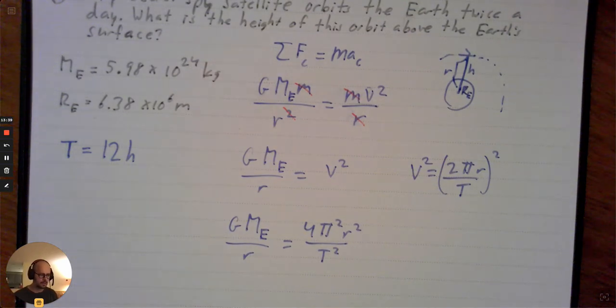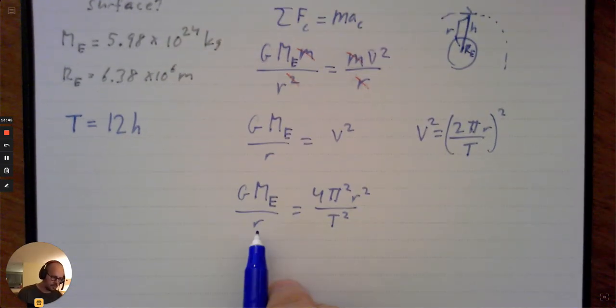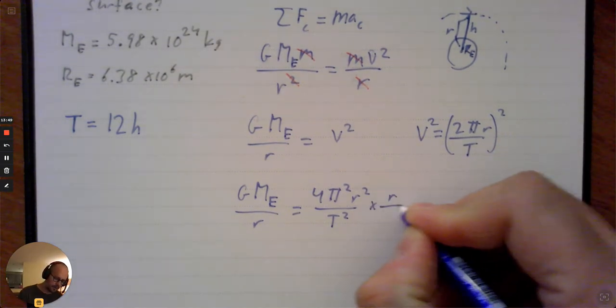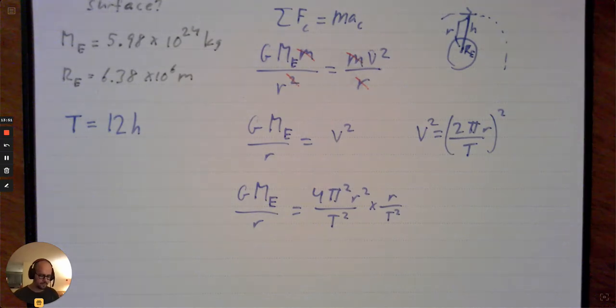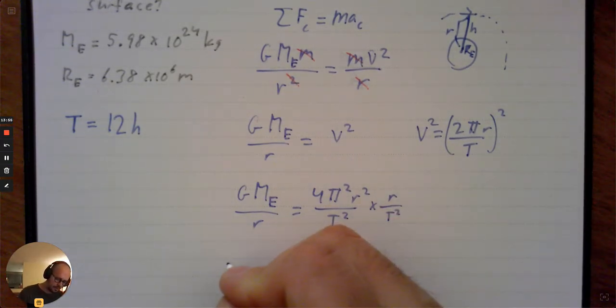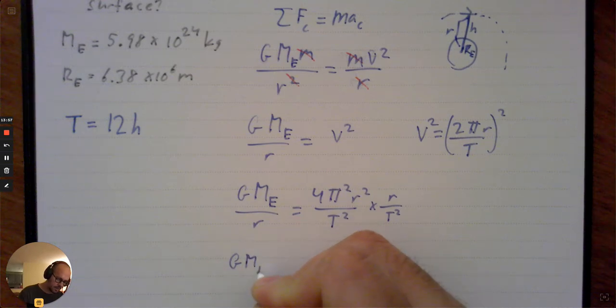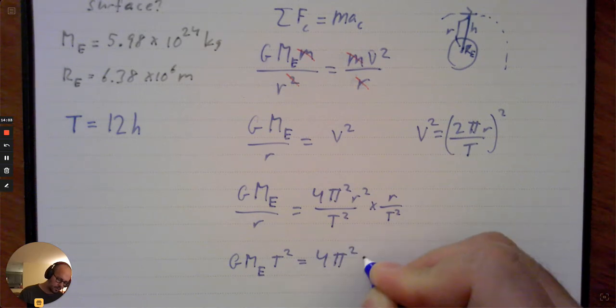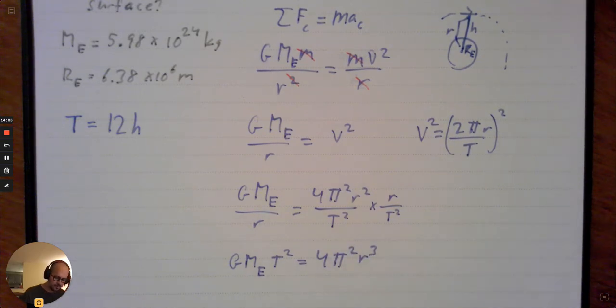I could solve it for R. This is going to be a mess, but I'm going to multiply this by R over T squared. And I'm going to get GME T squared equals 4 pi squared R cubed.